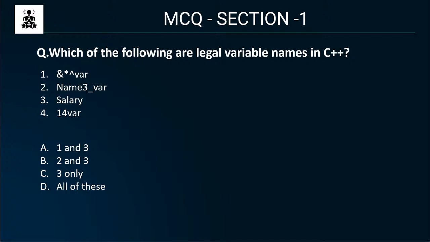So in the first option, the name starts with a special character, so it is not a legal variable name. And the fourth one also starts with an integer, so it is also not a legal variable name. So we are left with the second and third. These are the names which we can use in a programming language. These are the legal variable names. So the right option will be B, 2 and 3.